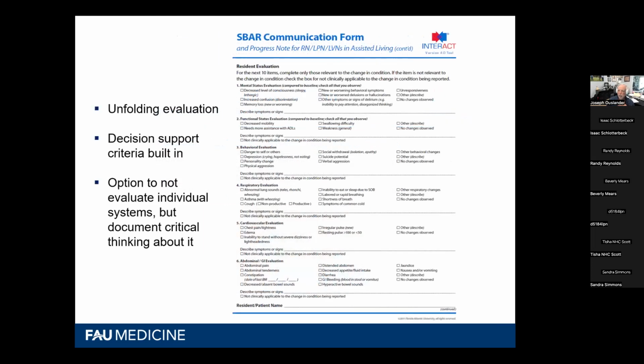Many nurses have felt that this evaluation is too long, but many others have looked at it and said, yes, this is appropriate. It's well within the scope of what a licensed nurse should do in a nursing home. It's an unfolding evaluation, meaning that you don't have to do it all.